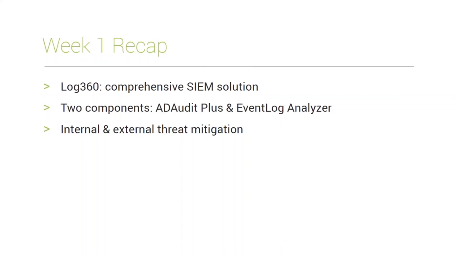As I said, Log 360 is a comprehensive SIEM solution for your organization's network. The ADAudit Plus component provides an in-depth look at your AD environment, and EventLog Analyzer helps you monitor and audit the rest of your network components, such as network devices, which is the main focus of today's workshop.